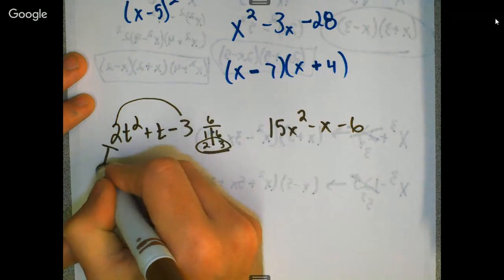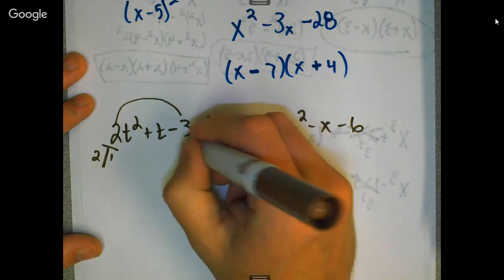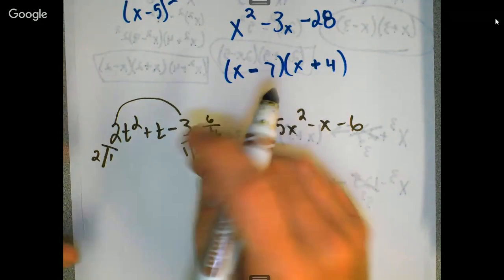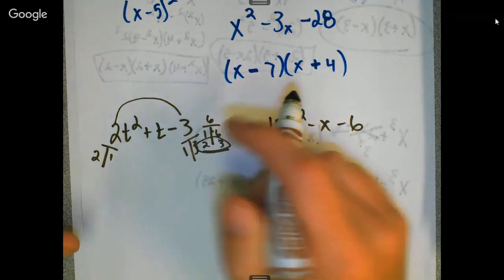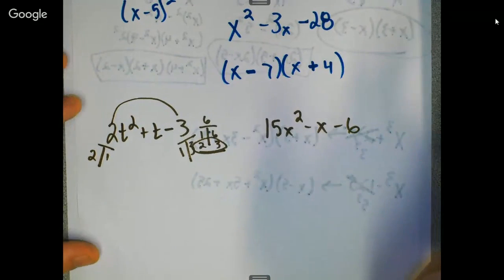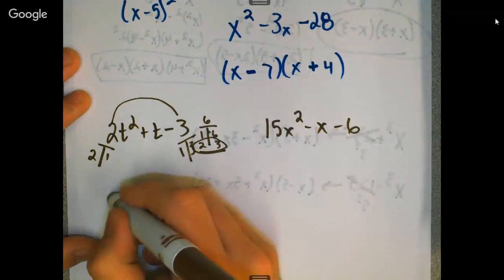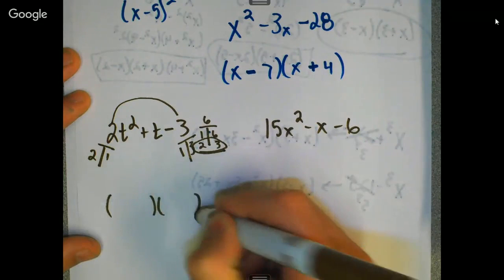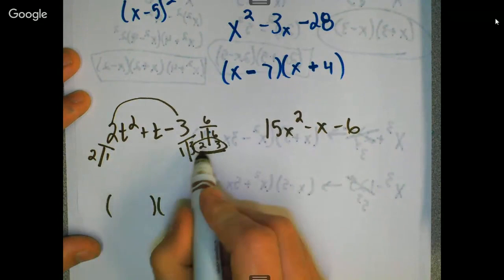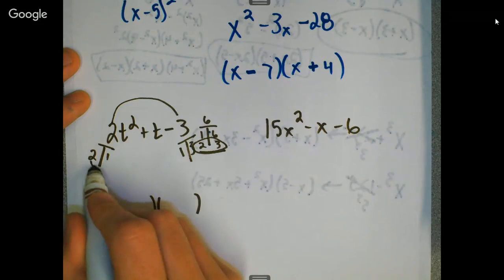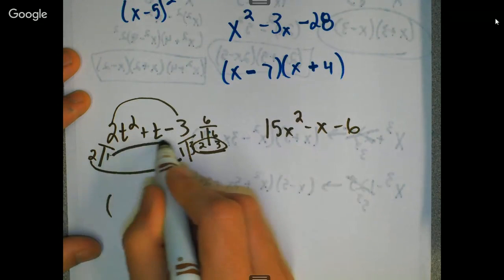Factor out these numbers. Right now, these are easy problems. We don't have a lot of factors to choose from, but as we go on in college algebra, we will have a ton of factors to be picking through. So I have to use those two, but I need a 2 and a 3. So I'm going to take 2 times 1, 1 times 3.